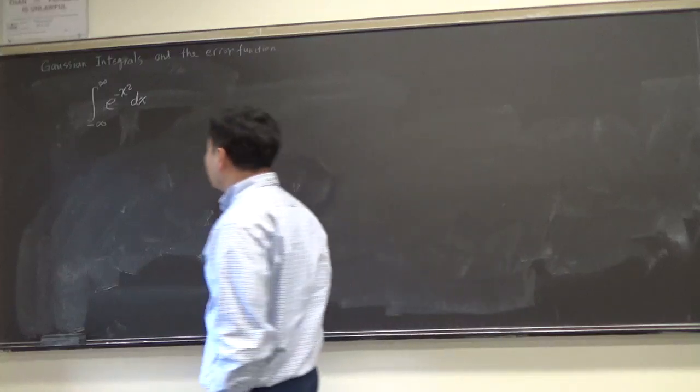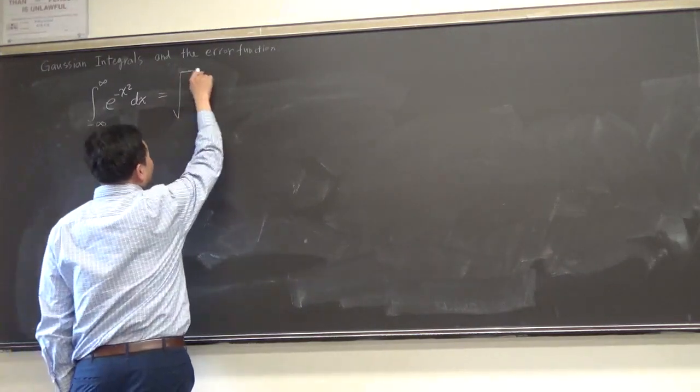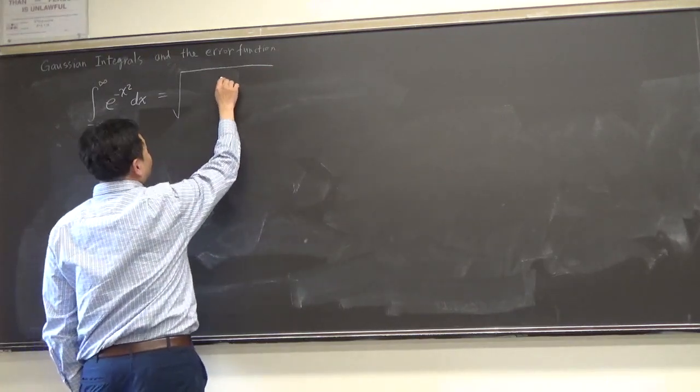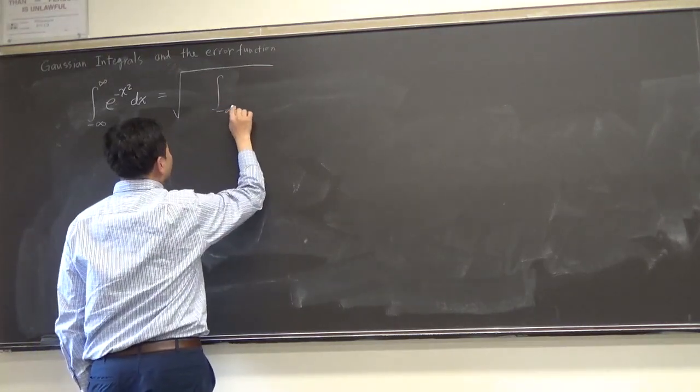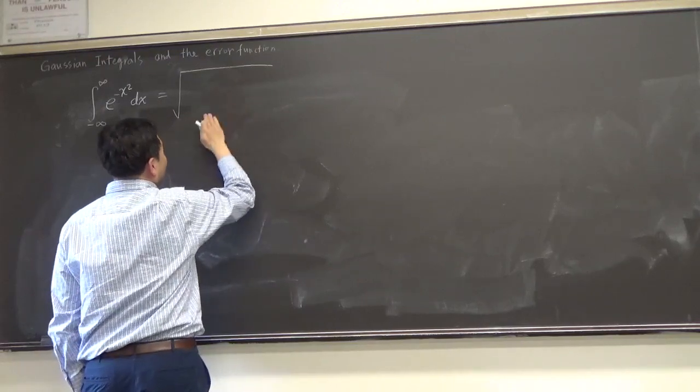By first saying that this is a square root of, you integrate, well, first of all, you can write this twice.